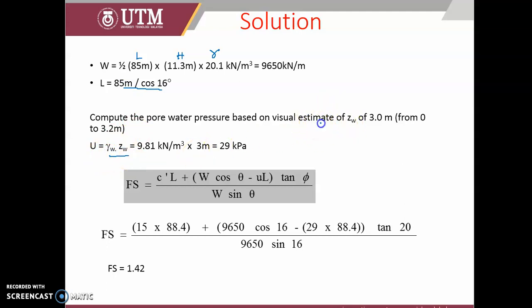Just use an estimate: the height of water, Zw, is from 0 to 3.2 meters, so take the average. By doing that, we can have a range of values, but just calculating, we get an FOS of 1.42.